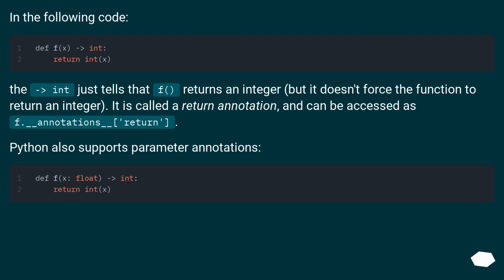In the following code, the int just tells that f returns an integer, but it doesn't force the function to return an integer. It is called a return annotation, and can be accessed as f.__annotations__['return']. Python also supports parameter annotations.